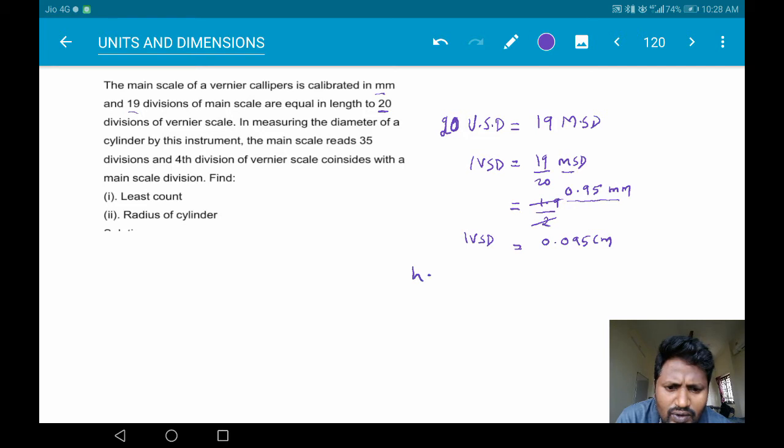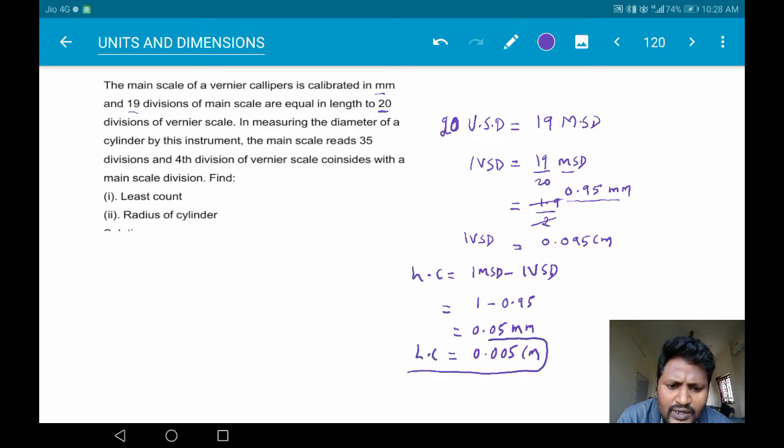So what is least count? Least count is equal to 1 MSD minus 1 VSD. So 1 MSD is 1 minus 0.95. So 0.05 millimeter or 0.005 centimeter is the least count of that vernier calipers. So this is the first one.